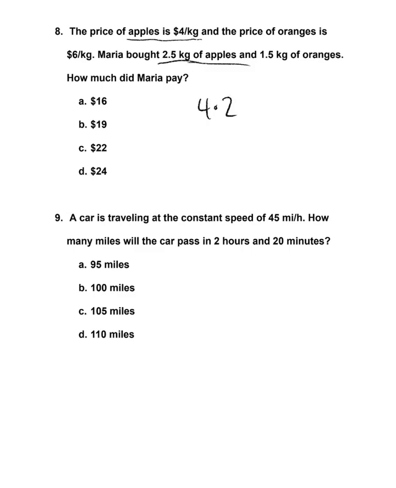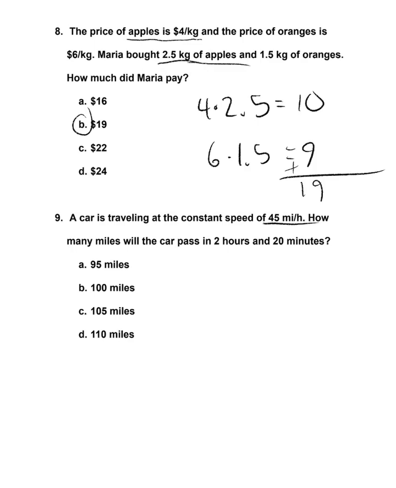So 4 times 2.5 is equal to 10. And then 1.5 kilograms of oranges. So 6 times 1.5 would be 6 plus 3, which is equal to 9. And then add those two together would be $19. So B.